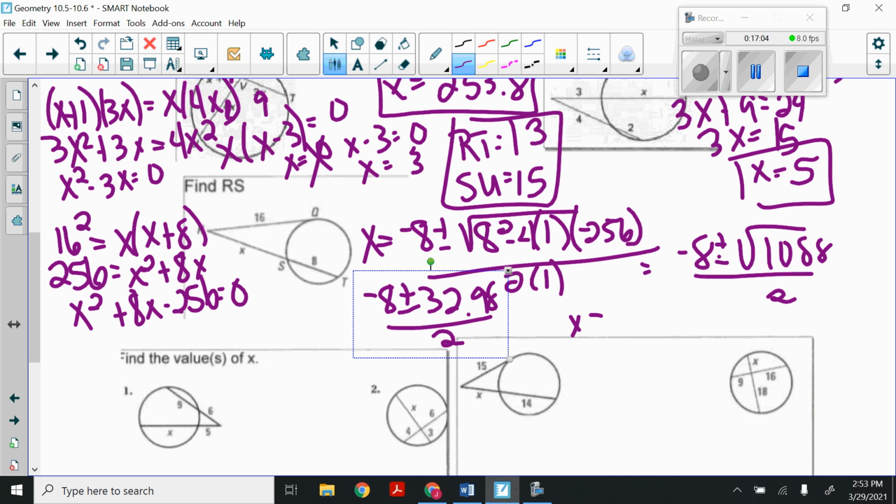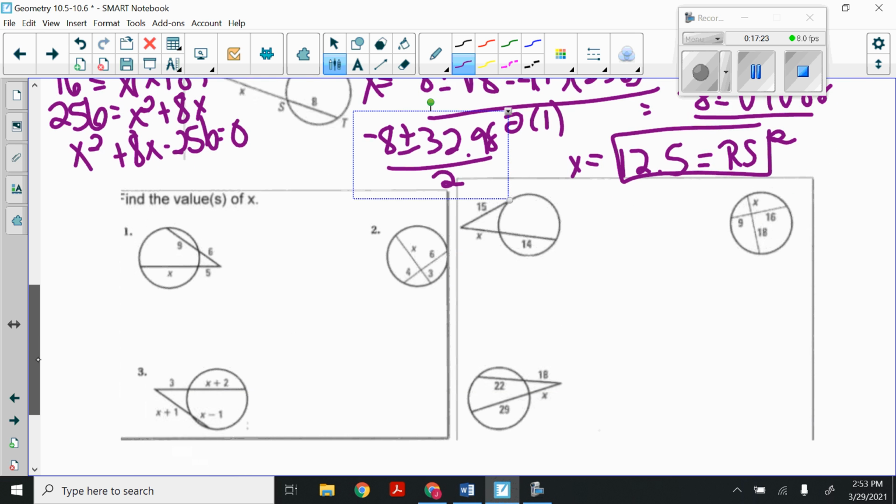So I don't want the negative one because, again, I'm finding length, so I'm just going to do negative 8 plus 32.98 divided by 2, and I get x is 12.5, which is RS. Okay.